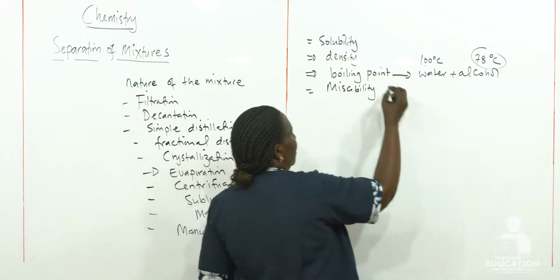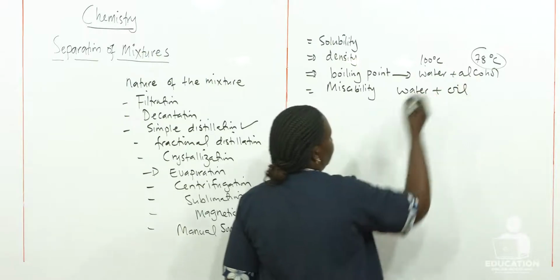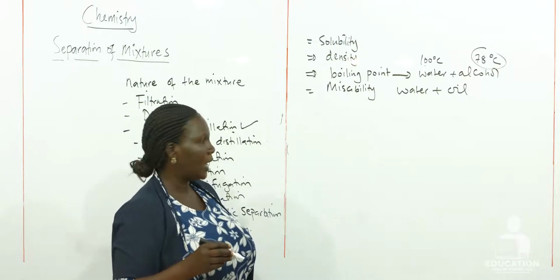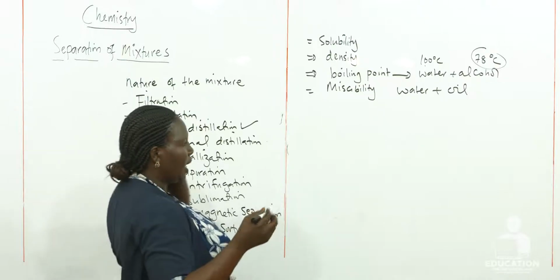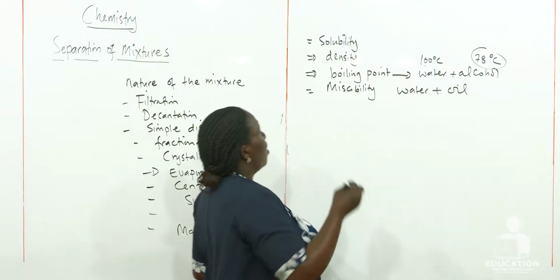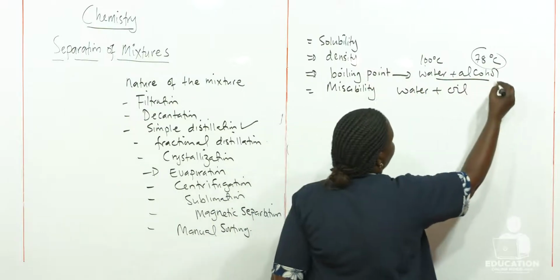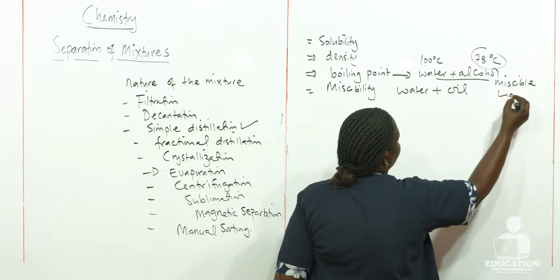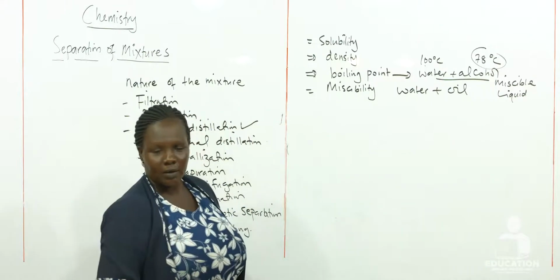Miscibility, like water and oil. Water and oil are immiscible liquids. They don't mix totally. So we can shake them and then we can separate them using a separatory funnel. Or for example, like we have water and alcohol. These are miscible liquids. They mix completely. You cannot differentiate between the water and the alcohol.